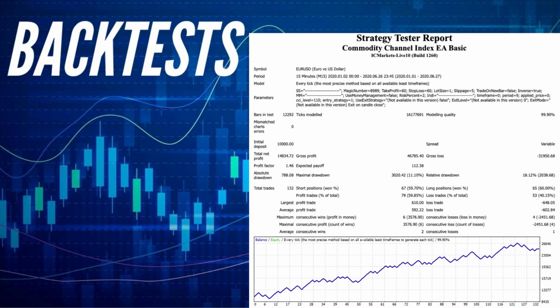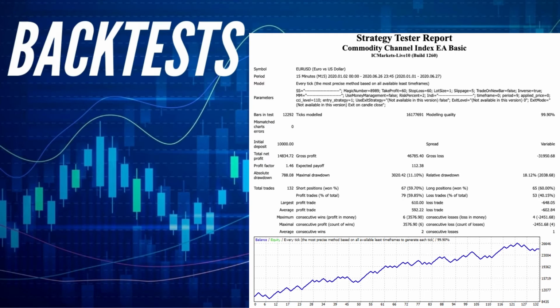As you can see from the stats, profit factor 1.46, which we talked about before, and you can also see there's an approximately 60% winning ratio of wins to losses. We are getting an average of 60 pips wins to 60 pips loss, so that's 1-on-1. But because we're getting a higher win to loss ratio, it means this is profitable.